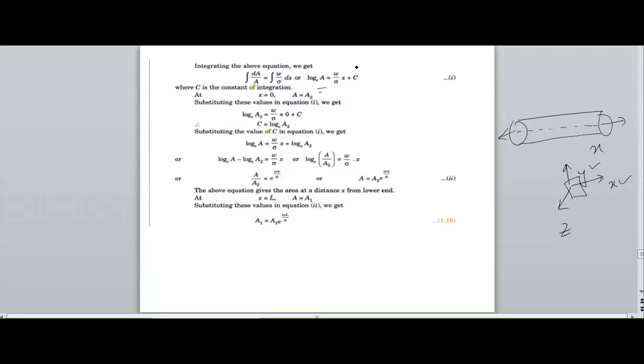I need this C value, that is the integral constant, by applying the boundary condition. At x equal to 0, that is at the lower end, the area is A2. Substituting the values in my equation, I can find the C value.